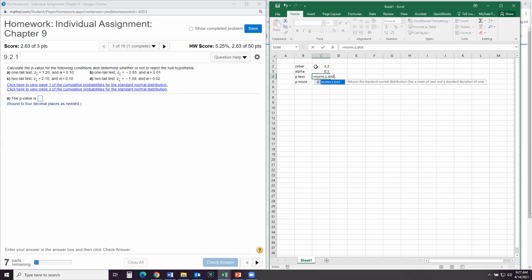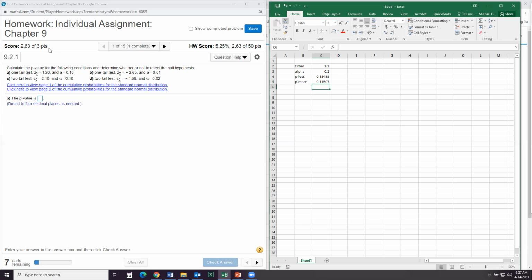Then I'll choose my z and say true on the cumulative. That's the probability that it's less than that amount. To find the probability that it's more, I'll say 1 minus the probability that it's less, because the probability of less than something added to the probability of more than something always adds up to 1.